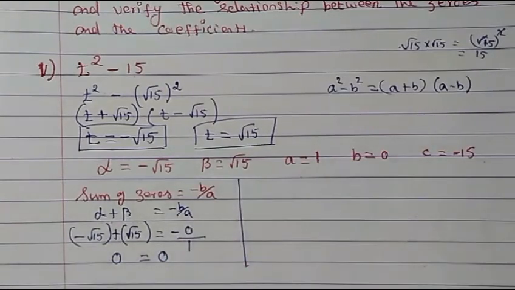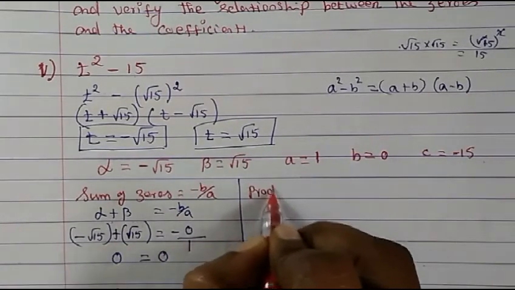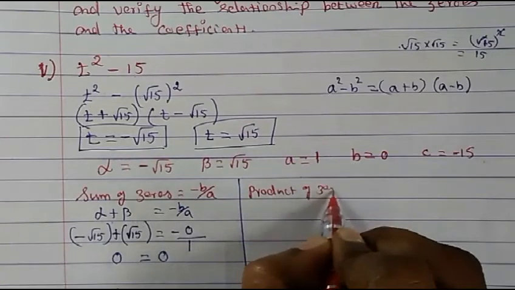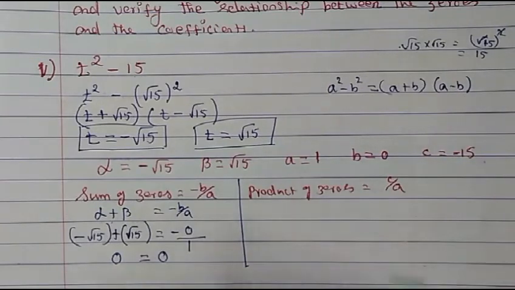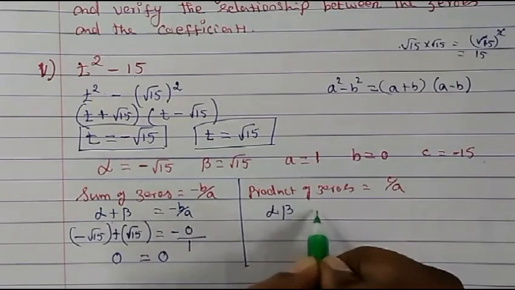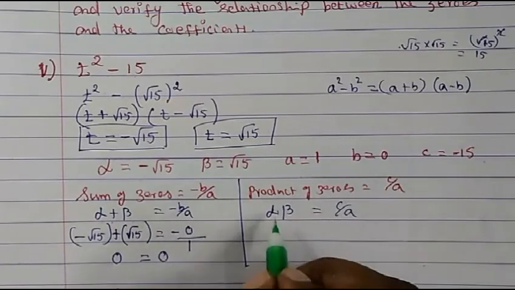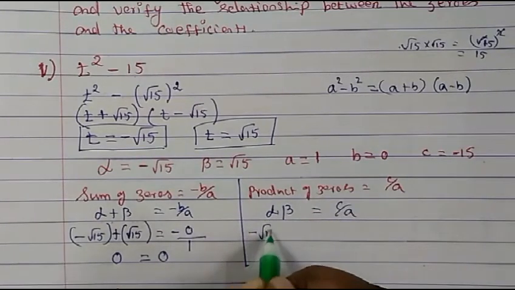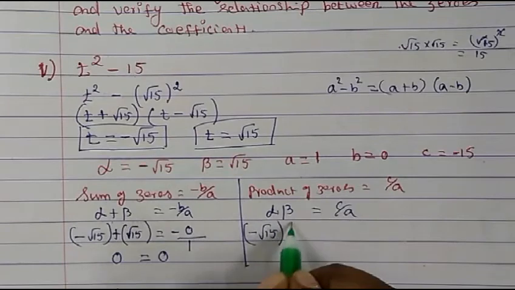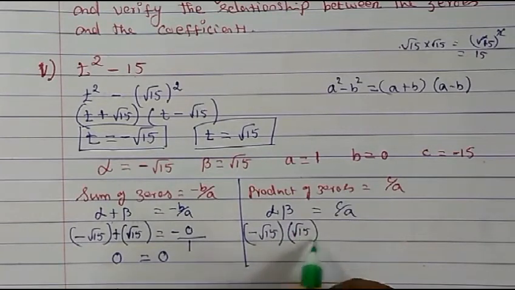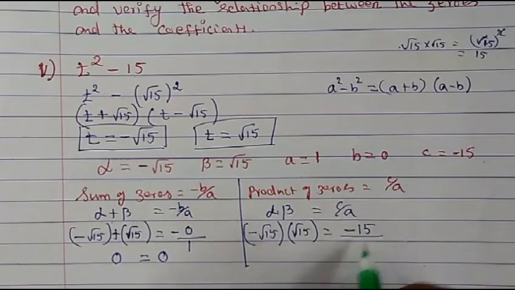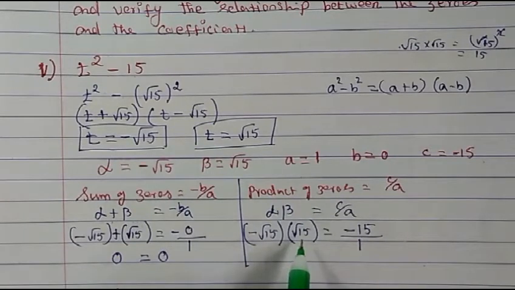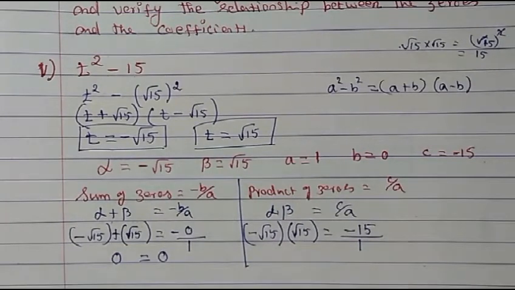So next is the product of the zeros. Product of zeros is c upon a. Product means alpha into beta equals c upon a. Alpha is minus root 15 and beta is plus root 15. c is minus 15, a is 1. So now if you see, root into root will give us the square.